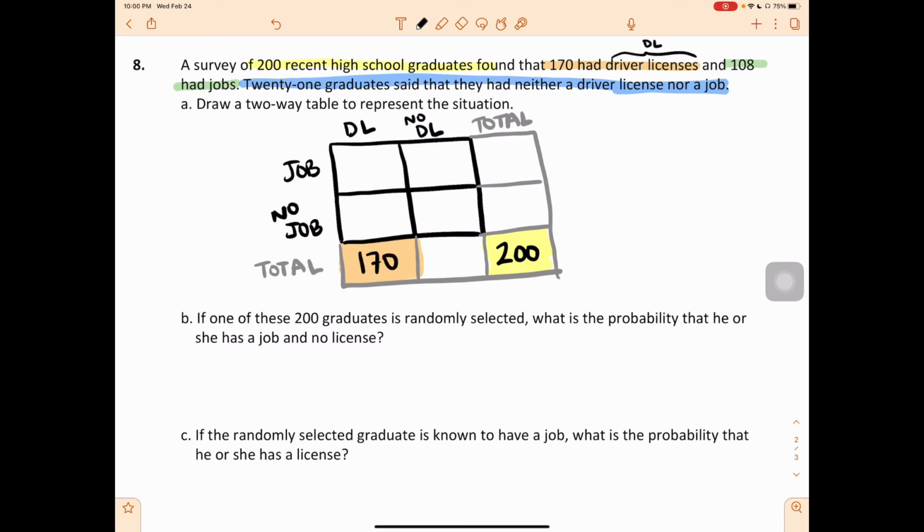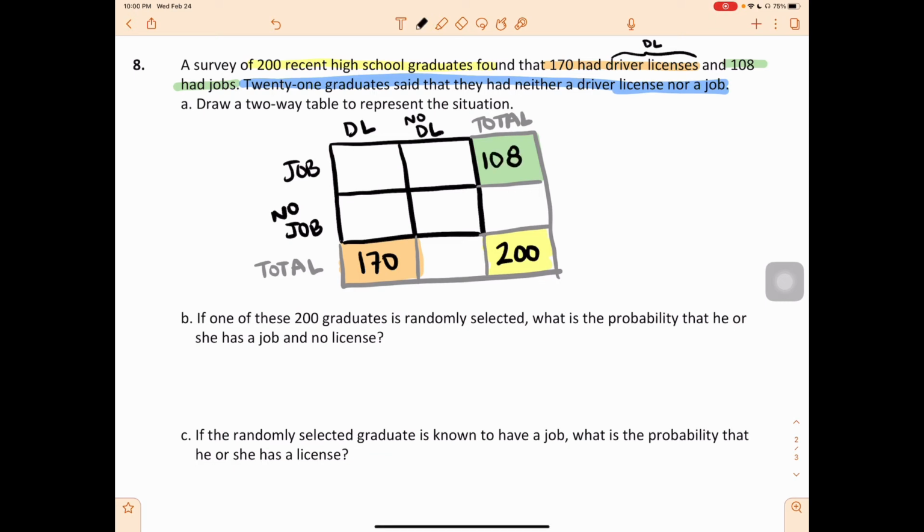And 108 in total had jobs. So now pause the video if you didn't get it before on your own. Try this one out on your own. So here, 108 had jobs. So job, the total will go right there. So 108 had jobs in total.